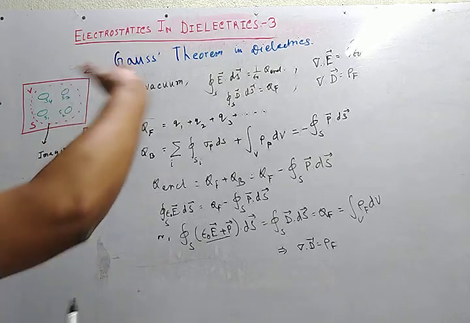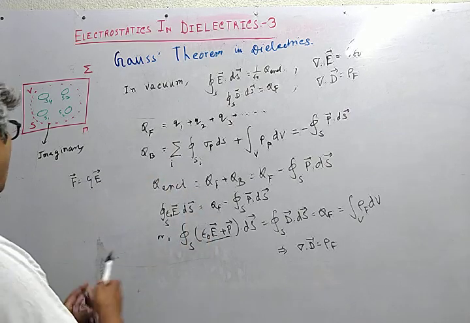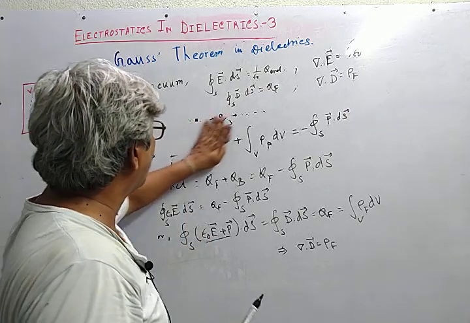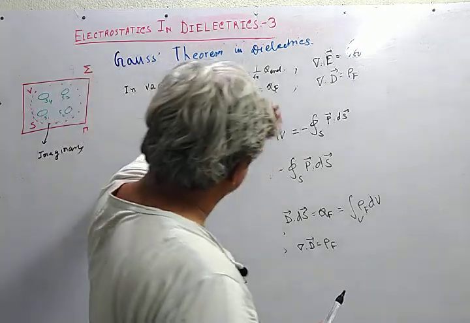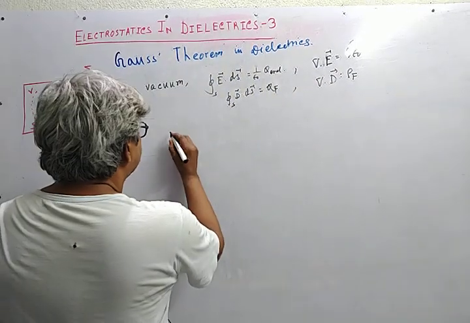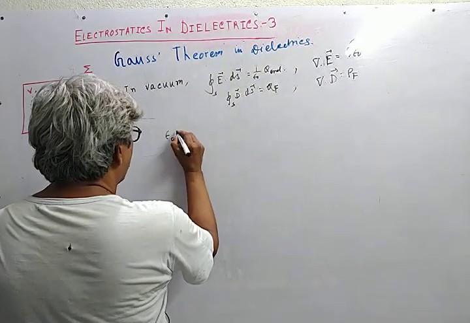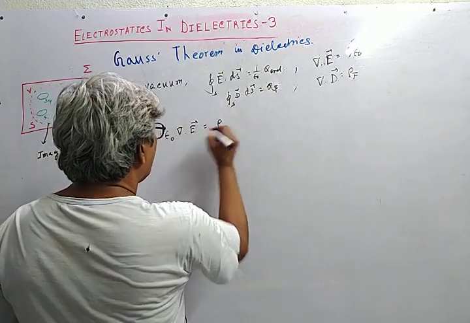We could also start from Gauss's theorem in its differential form and come to the same conclusion. Let me do that. We know that in the differential form, Gauss's theorem is epsilon times divergence E is equal to rho.